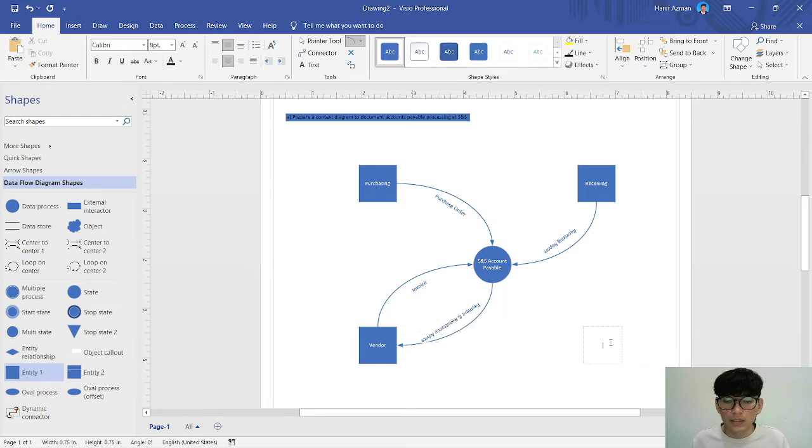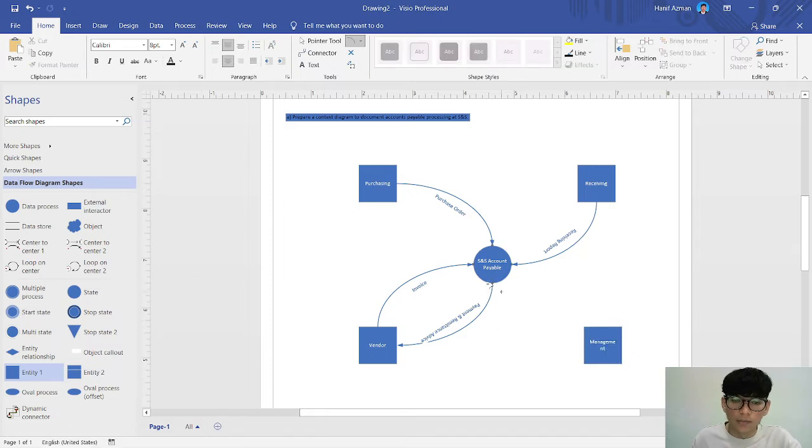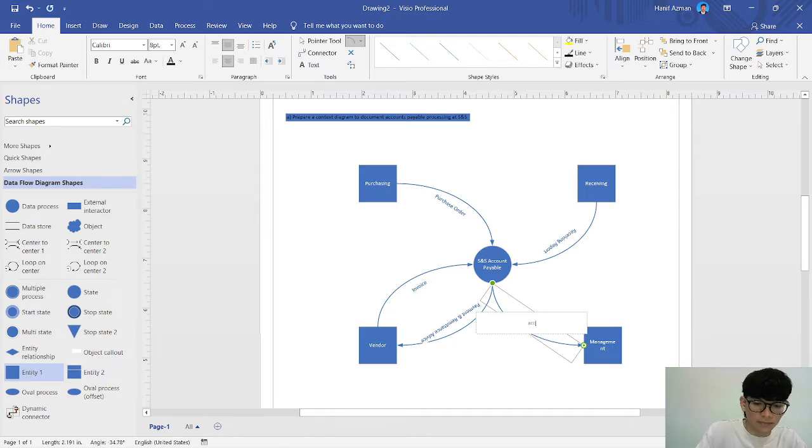The last is management. S&S accounts payable sends an accounts payable report to management, to report all the things in the system to management.